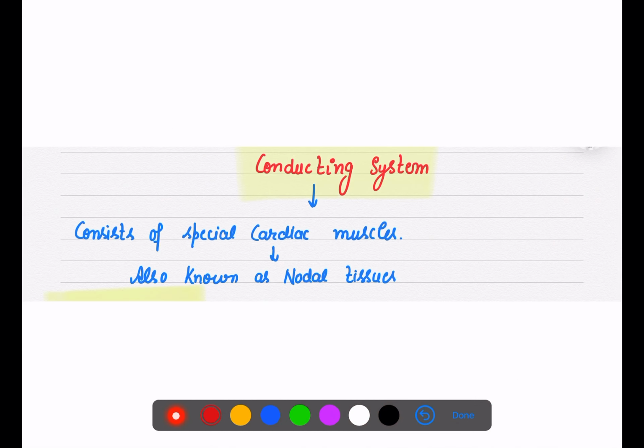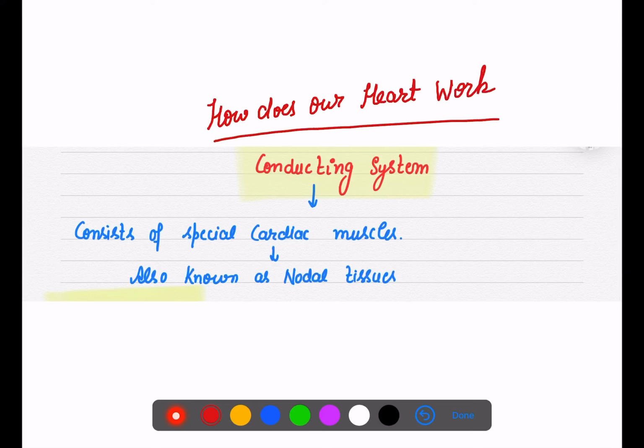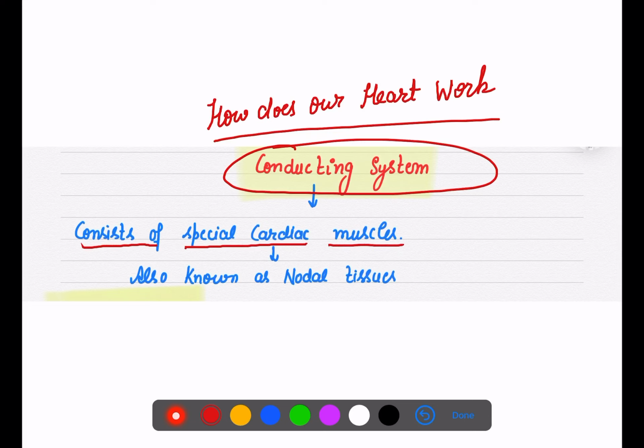Now we will talk about how our heart works, how contraction and relaxation happen, and who is controlling them. That is the conducting system of our heart. We said that the heart has muscles. So the heart consists of special cardiac muscles. The word cardiac we use for heart.